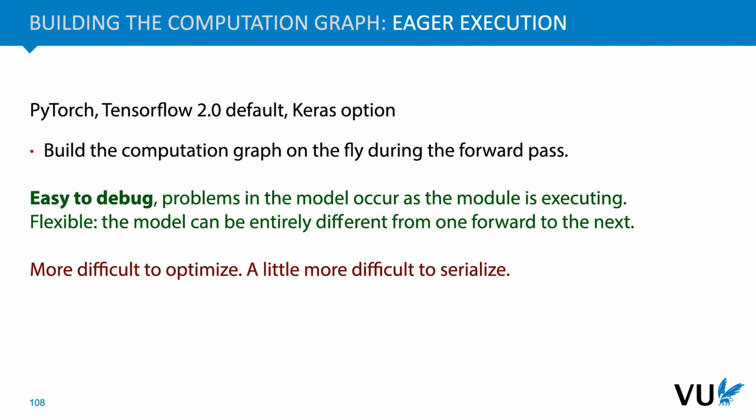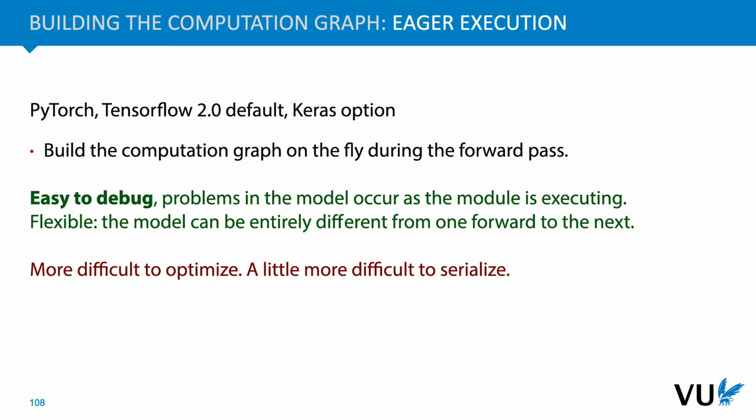That's called eager execution. It's the default in PyTorch, it's the default in TensorFlow 2.0, and it's an option in Keras, although given the way Keras is set up, it doesn't make that much sense there. The basic idea is that we build the computation graph on the fly during the forward pass.